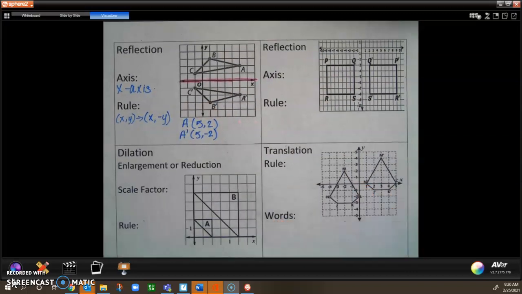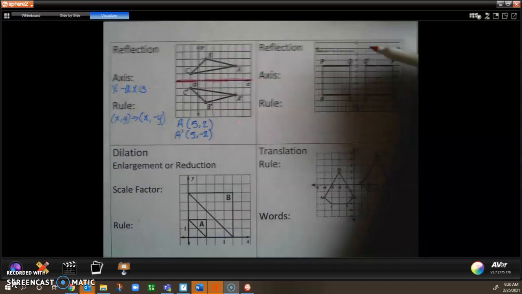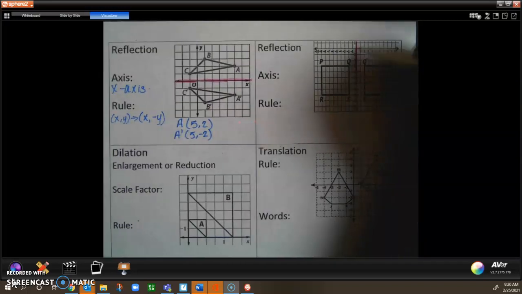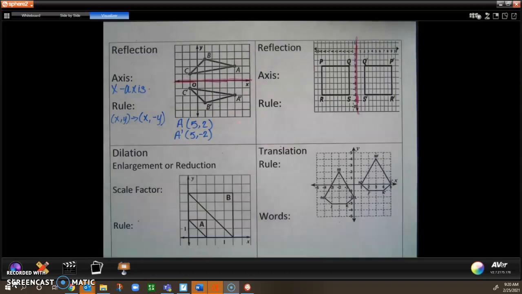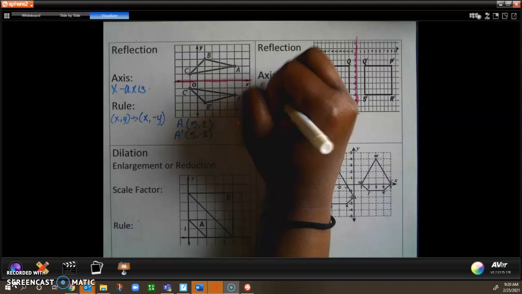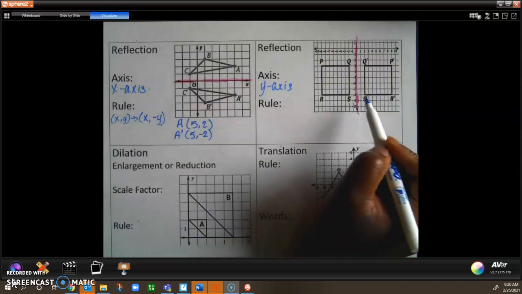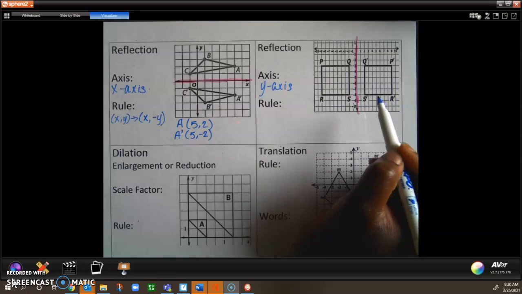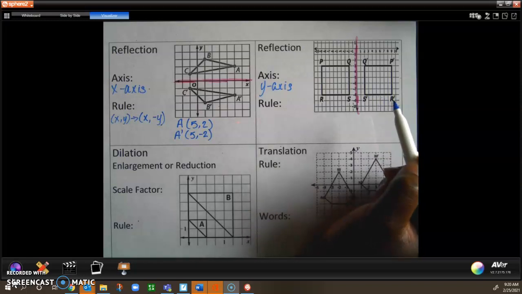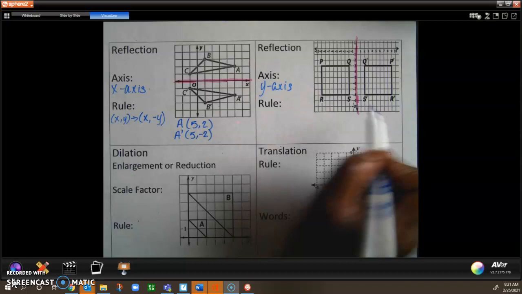Okay. Next, you have a reflection over your y-axis. And so since I reflected over the y-axis, I now know that my y value stays the same, but my x value changes.